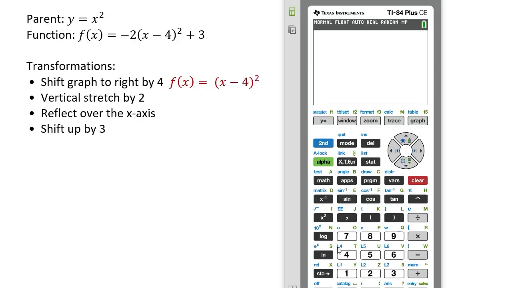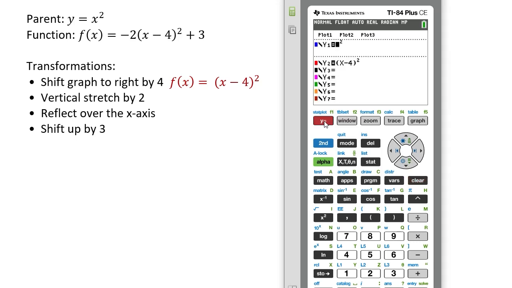Let's review some transformations. So if I look at the function f of x equals minus 2, the quantity x minus 4 all squared plus 3, let's consider each transformation one by one. First of all, the x minus 4 is inside the argument of the parent function, and it shifts the graph of the parent, y equals x squared, to the right by 4.